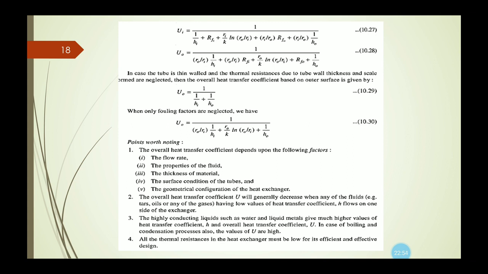Then there is corrosion fouling. It is caused by the chemical reaction of some fluid constituents with the heat exchanger tube material. Okay, so this is known as the corrosion fouling. Next there is another thing known as chemical reaction fouling.